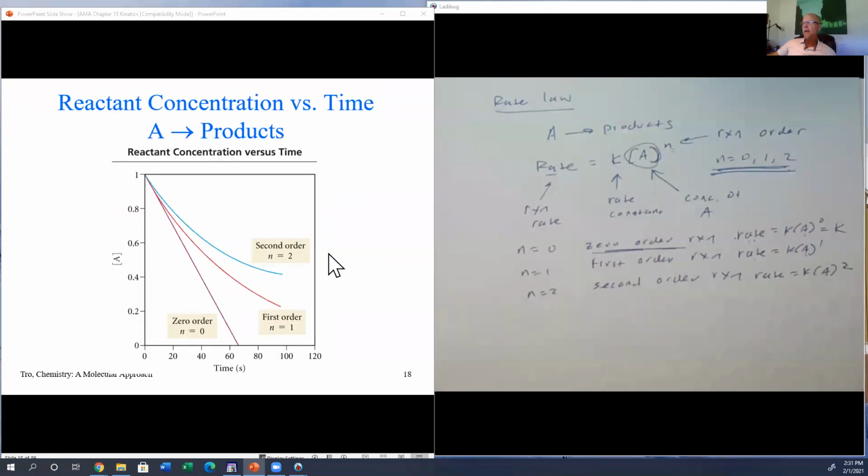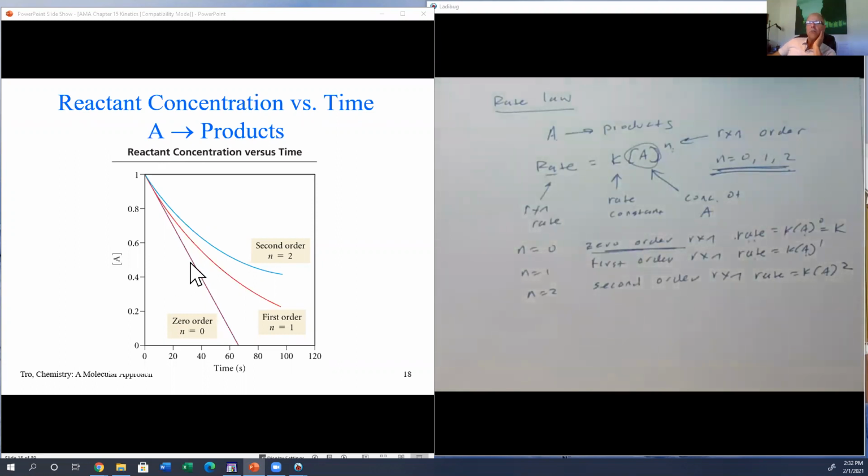So we could do a plot like this. If we were to monitor reactant concentration versus time for the 3 different orders, here's what the concentration versus time would look like for a 0 order reaction. Now, let's remember that these are reactants, A in all cases. So notice that these lines are going down, right?